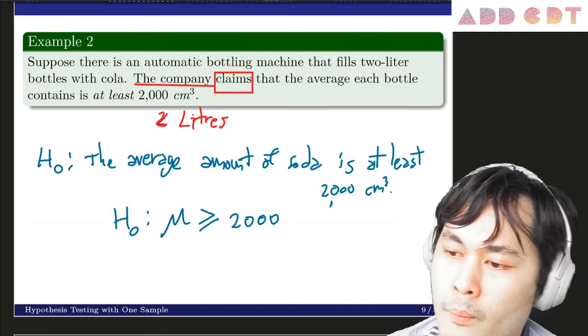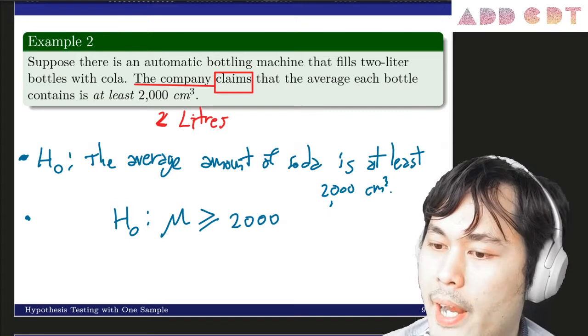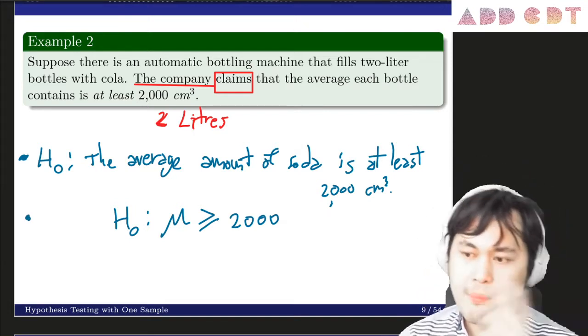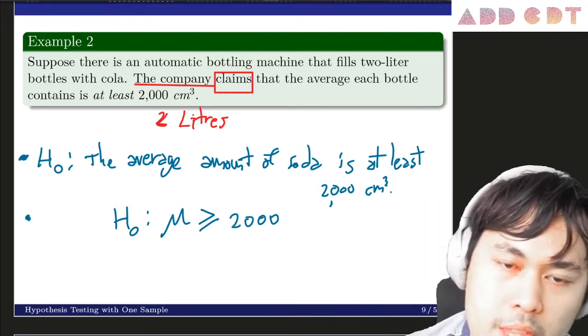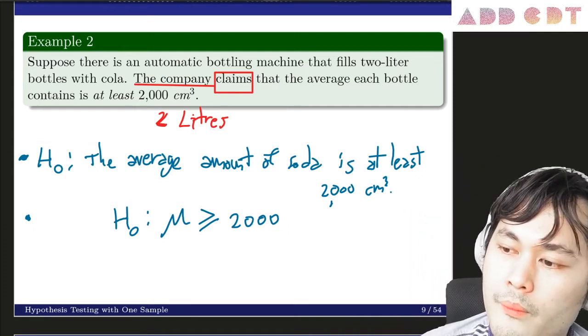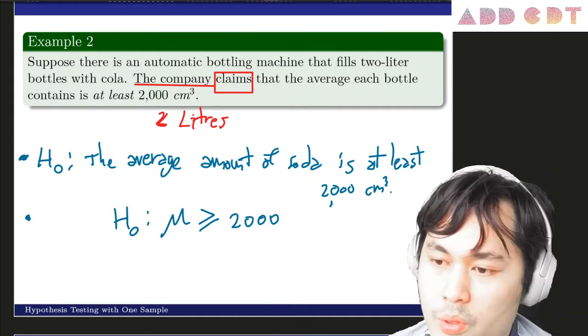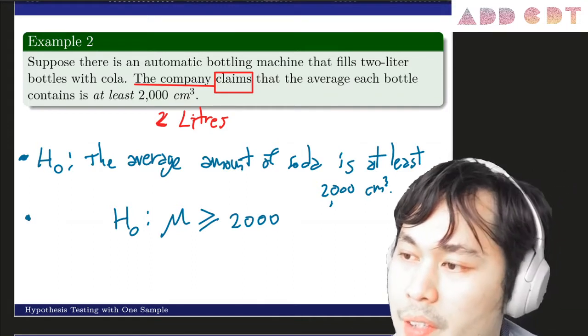So you can either write the whole sentence there, or you can just abbreviate and make it a mathematical statement. The second statement is a lot easier to read. Okay, so that's the null hypothesis.